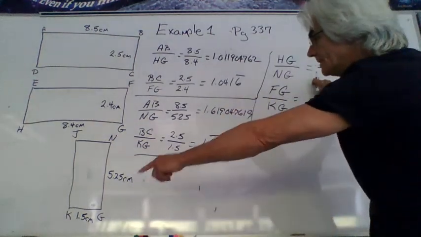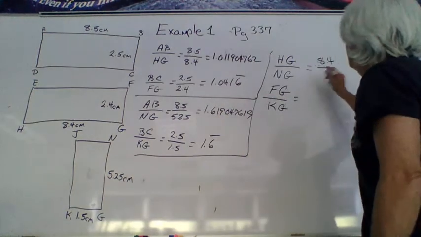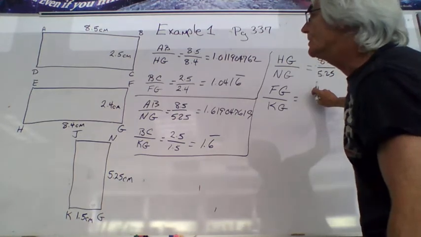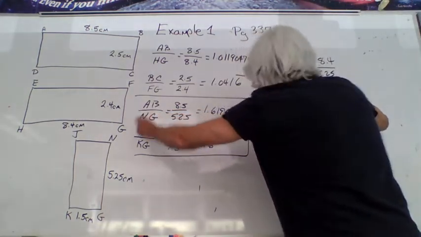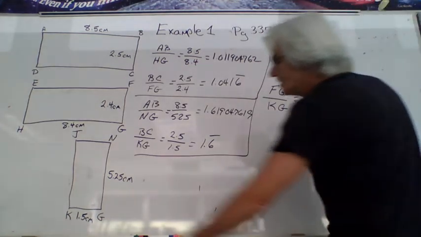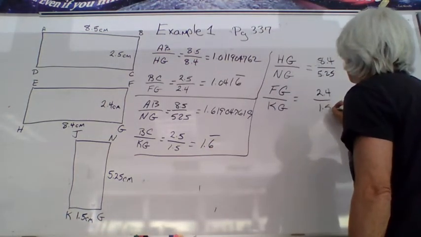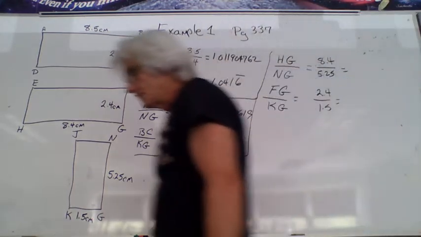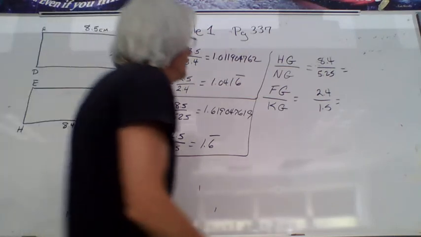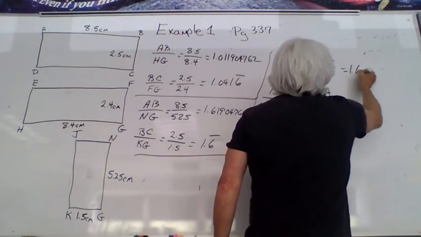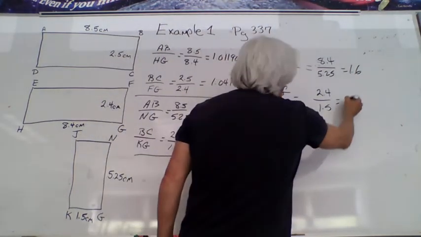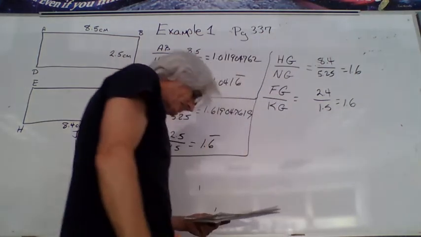My NG is 5.25. FG is 2.4. KG is 1.5. So 8.4 divided by 5.25 got me 1.6, and 2.4 divided by 1.5 also gave me 1.6.